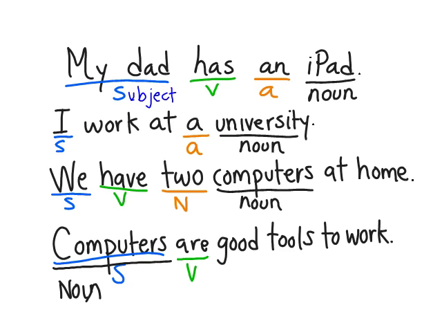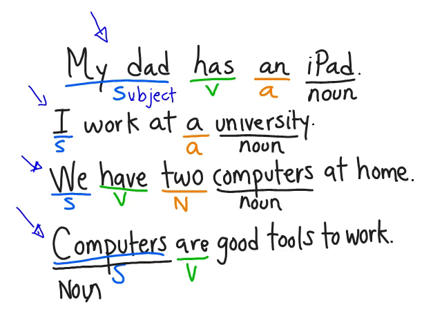It's what we are talking about. If we are talking about my dad, my dad is the subject. If we're talking about I, I am the subject. If we are talking about we, we are the subject. And if we're talking about computers, computers are the subject.